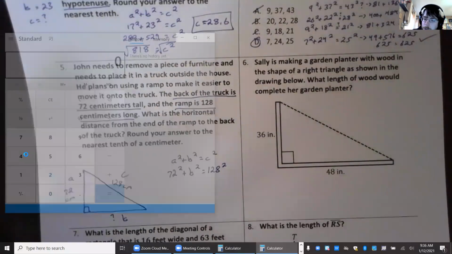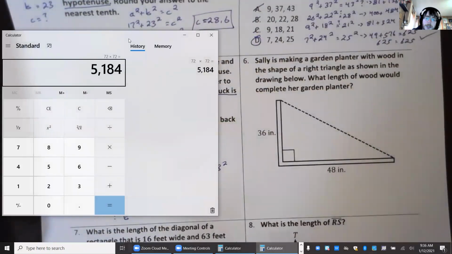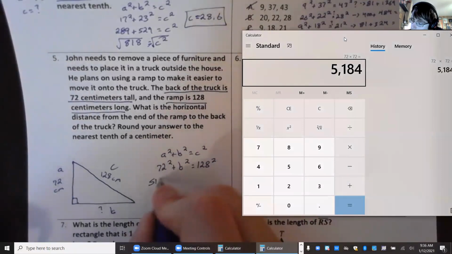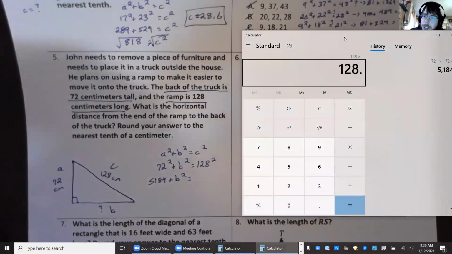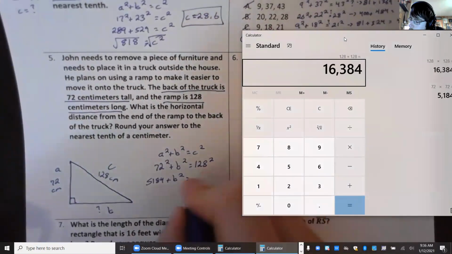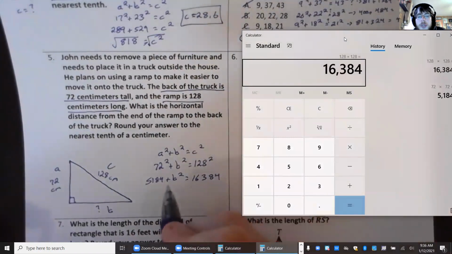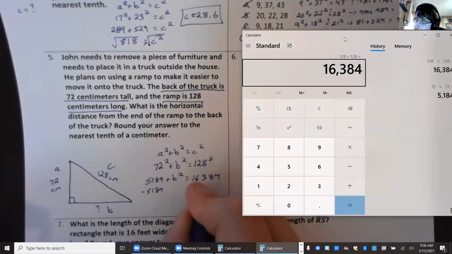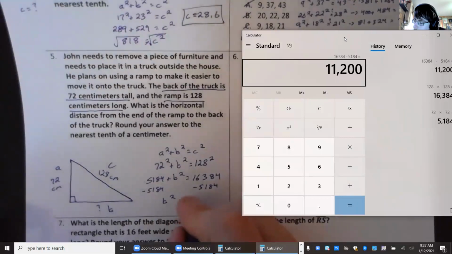So then 72 squared, got it covering up the screen, I'm sorry. So 72 squared would be 5184 plus b squared equals, and then 128 squared is 16,384. We need to get b squared by itself. So to do that, we subtract 5184 from both sides, and you get b squared equals 11,200.